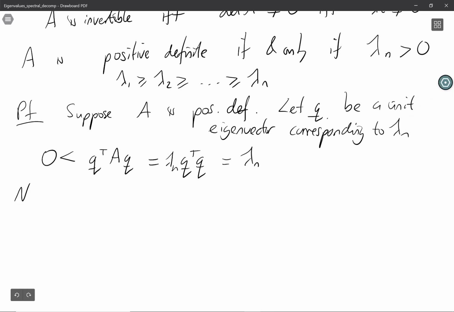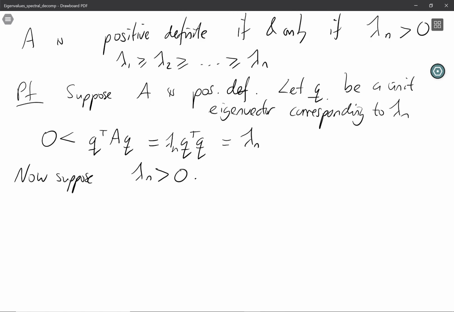Let's now suppose that all the eigenvalues are positive. Can we prove that A is positive definite? Well, because A is symmetric, we know we can write A as Q lambda Q transposed.